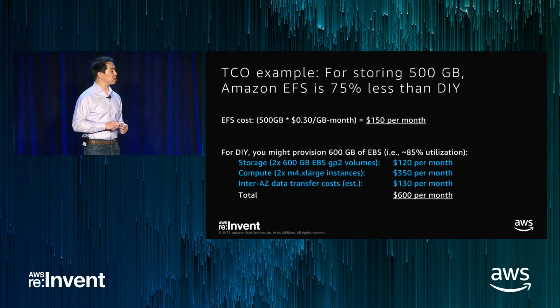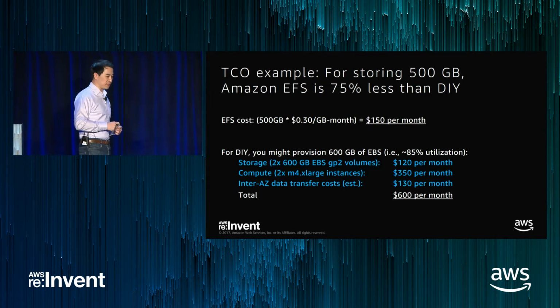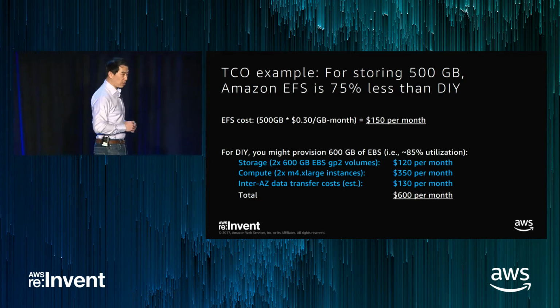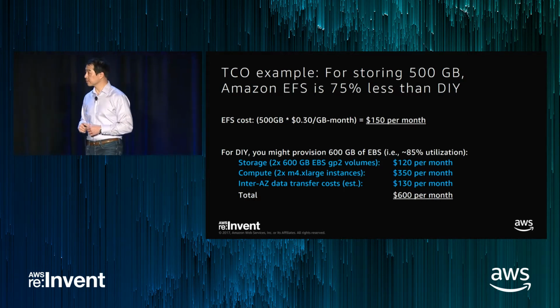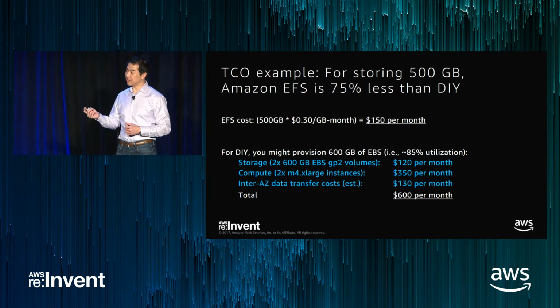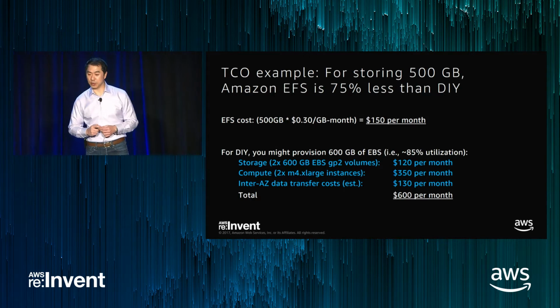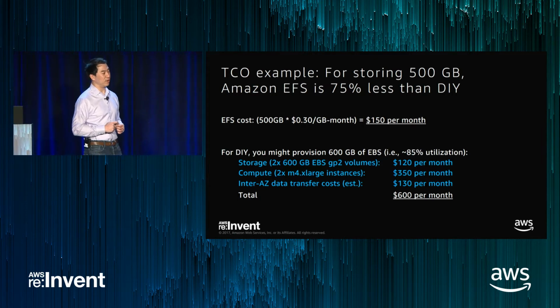And what we've seen in terms of total cost of ownership is that for this example, based on 500 gigabytes of storage, we are about 75% lower cost than do-it-yourself. Okay? So again, EFS, in this example, based on 30 cents a gigabyte, US regions, it's about $150 per month versus around $600 if you were to do it yourself.